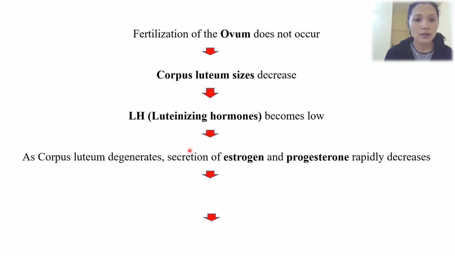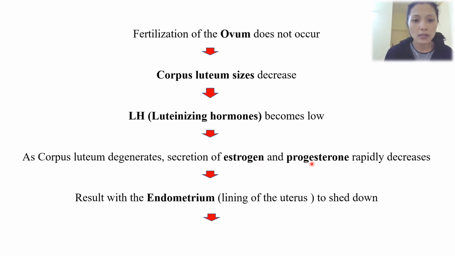And further, because of the reduced corpus luteum and luteinizing hormone, the secretion of estrogen and progesterone is also reduced, thus leading to the shedding of the endometrium, or the lining of the uterus. As I mentioned in the previous definition, shedding of the endometrium or lining of the uterus.